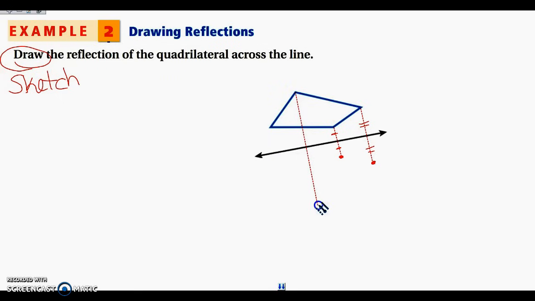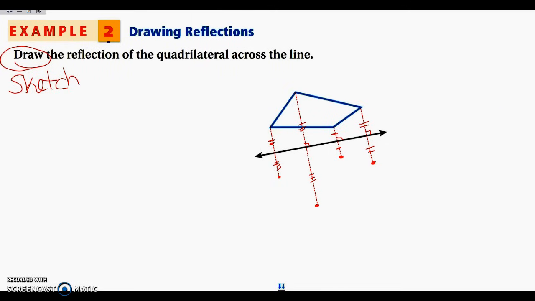That's pretty close. So again, we want to try to make these so that we have right angles with this line of reflection. Again, we're trying to make the line of reflection a perpendicular bisector. That is how we make the reflection. All right, and we do this last point over here. And again, we're trying to make these the same distance.